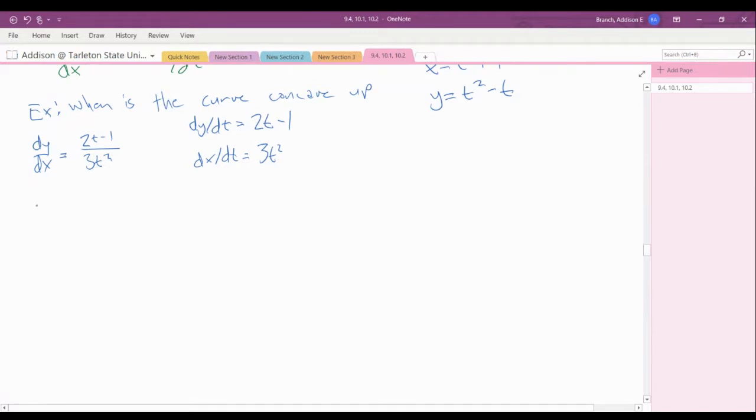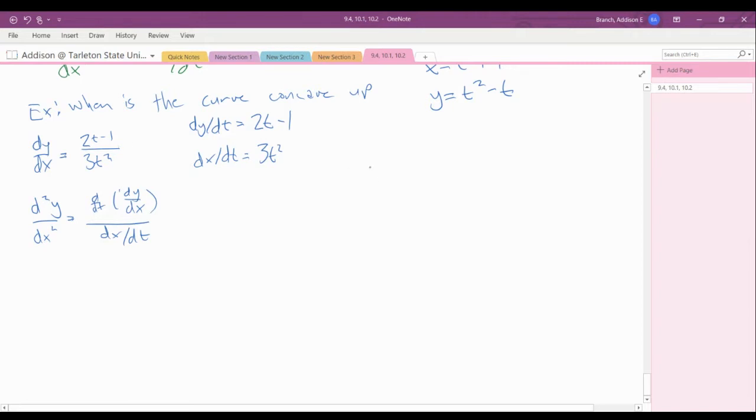So now we need to go and find our second derivative, which of course is the derivative of our first derivative over our dx. So first of all, let's go ahead and find the derivative of our dy dx. So this time we have our quotient rule.